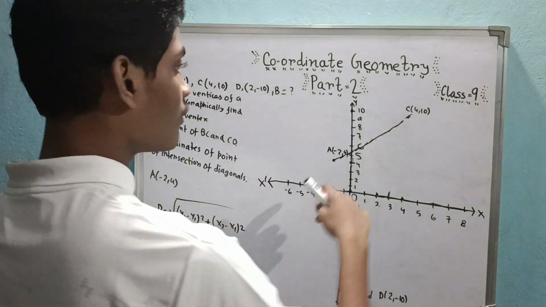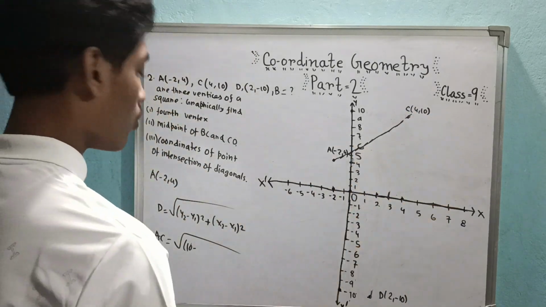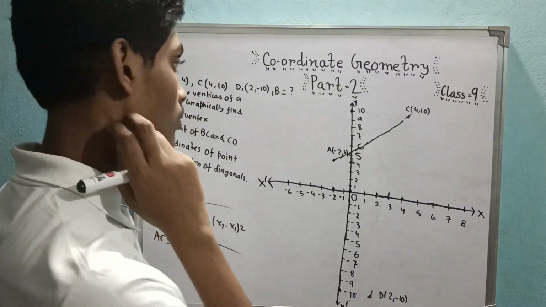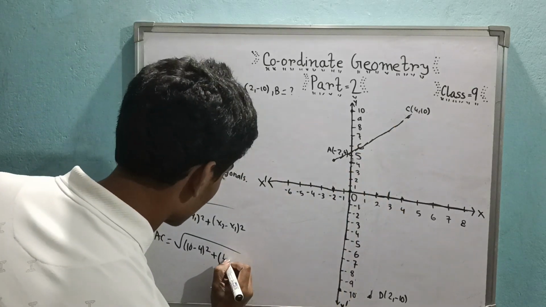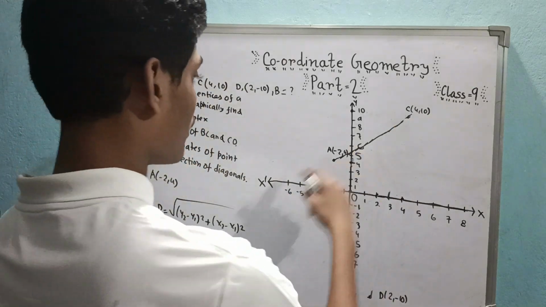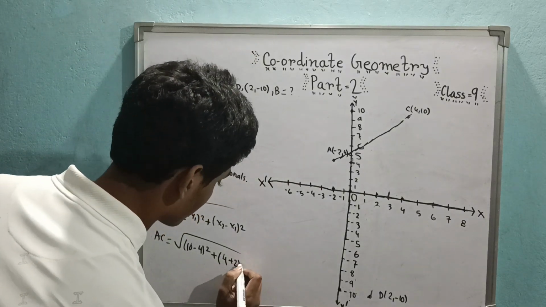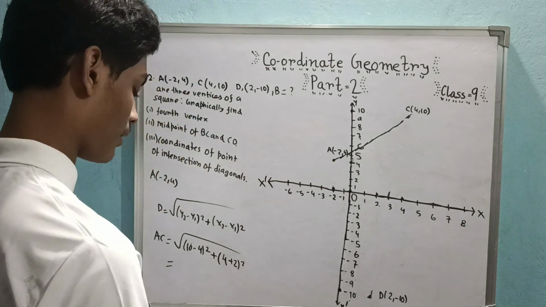Here y2 is 10, y1 is 4, plus x2 is 4, x1 is minus 2. Minus 2 means plus 2. So root of 6 square plus 6 square, 72.